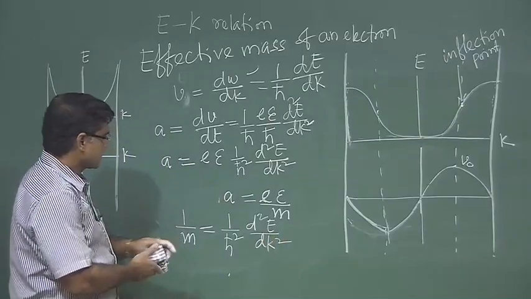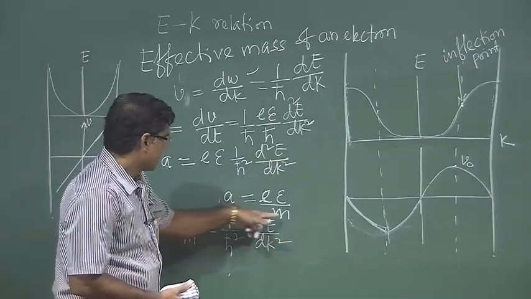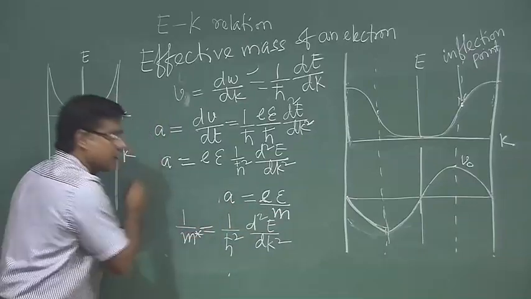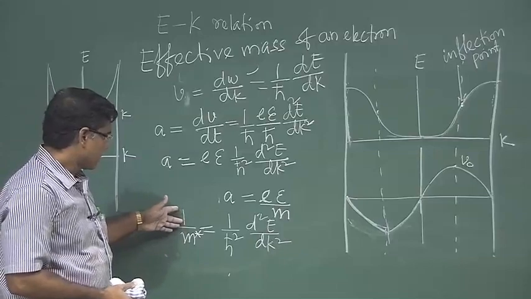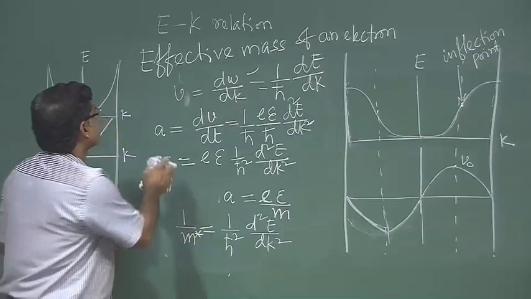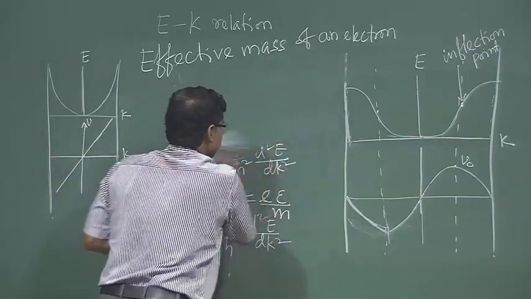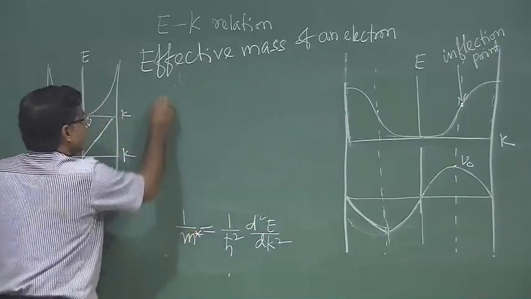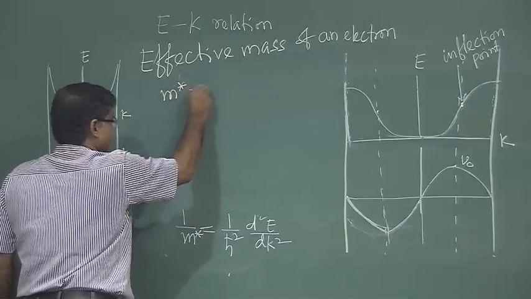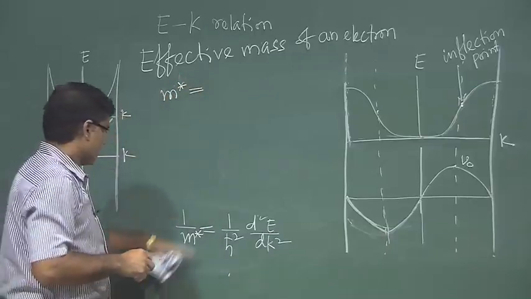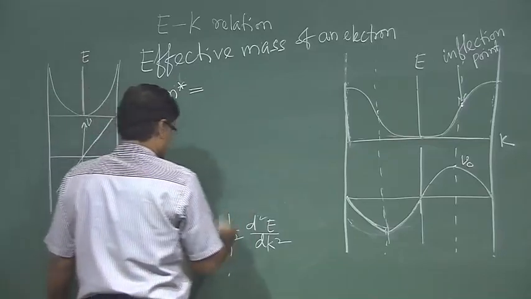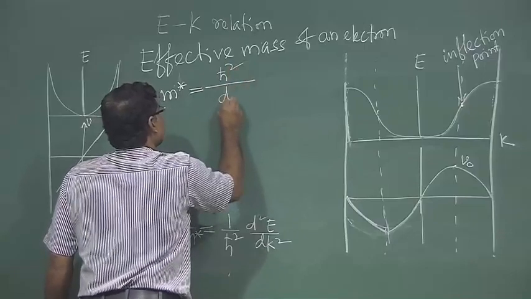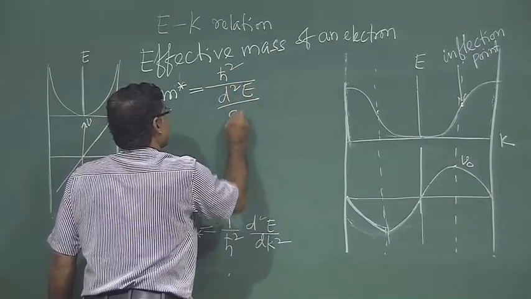So, whatever this mass, generally we call effective mass. So, here effective mass, what I got, m star effective mass we defined by this: h cross square by d2E by dk square.